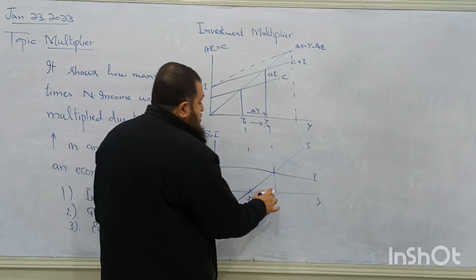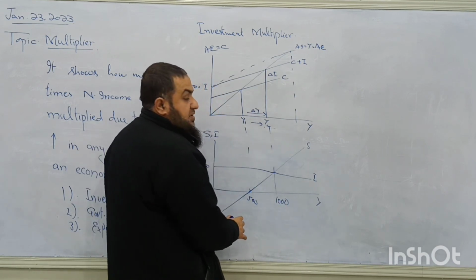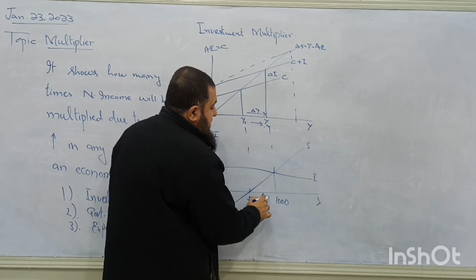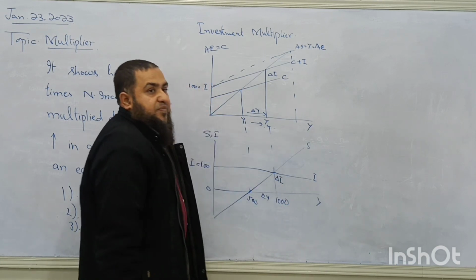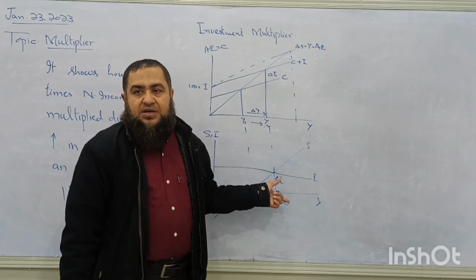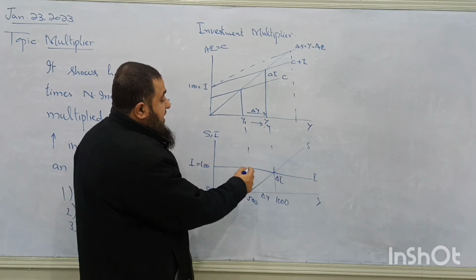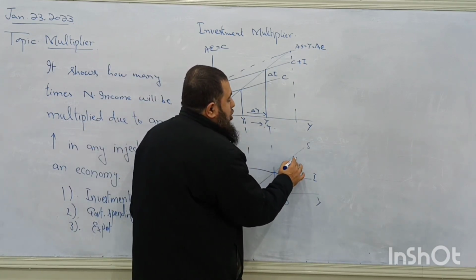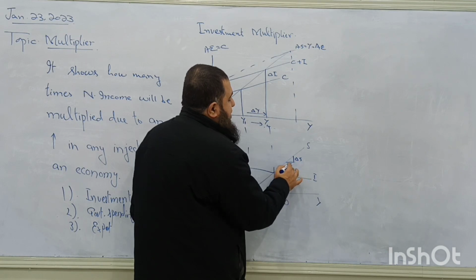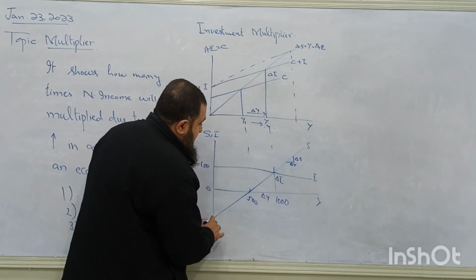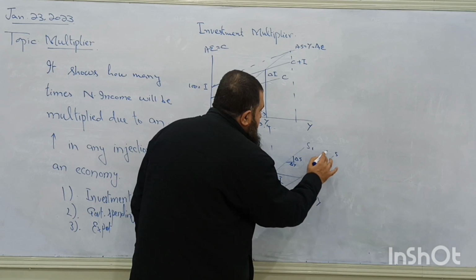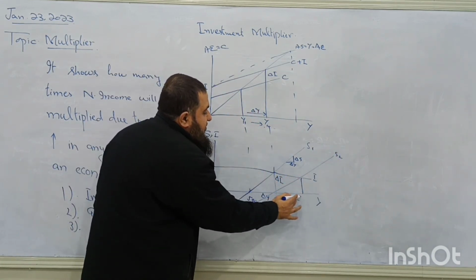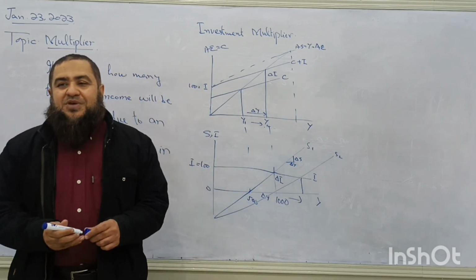So income has increased by 1000. This vertical distance is the change in income, this is the change in investment. From this diagram we can also find the multiplier value. If saving becomes flatter, this is the slope of saving changing due to change in income. So if saving has become flatter, its slope has gone down, so the value of the multiplier will further increase. This is my point.